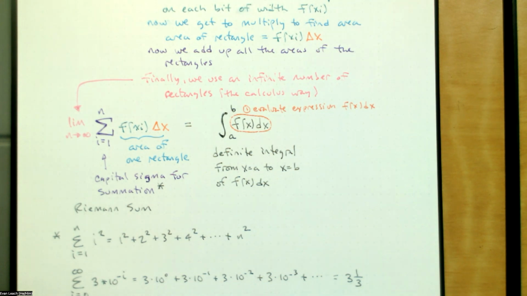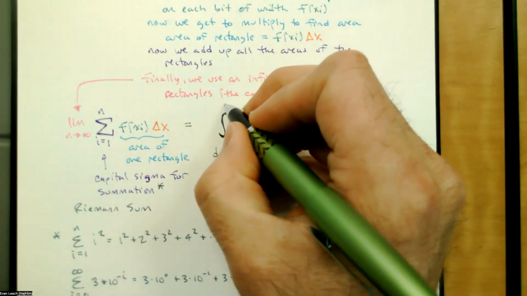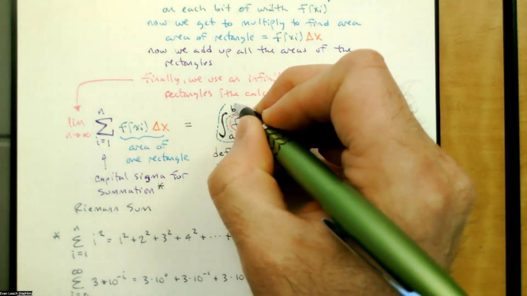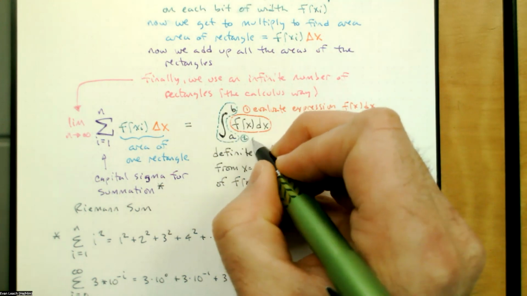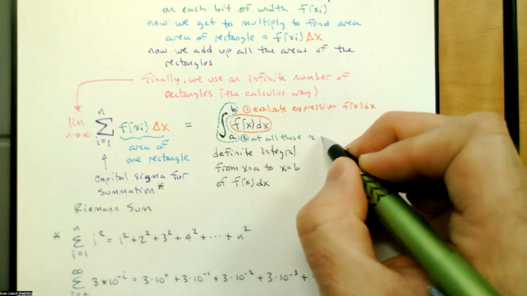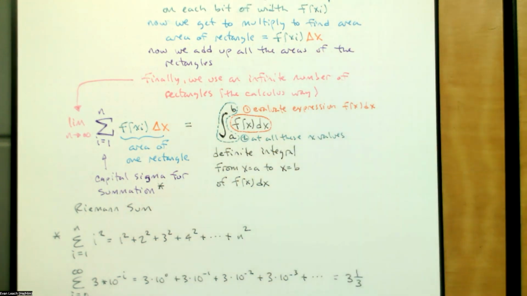Evaluate the expression f of x dx at all the x values between a and b, at all those x values. Then add up the results.